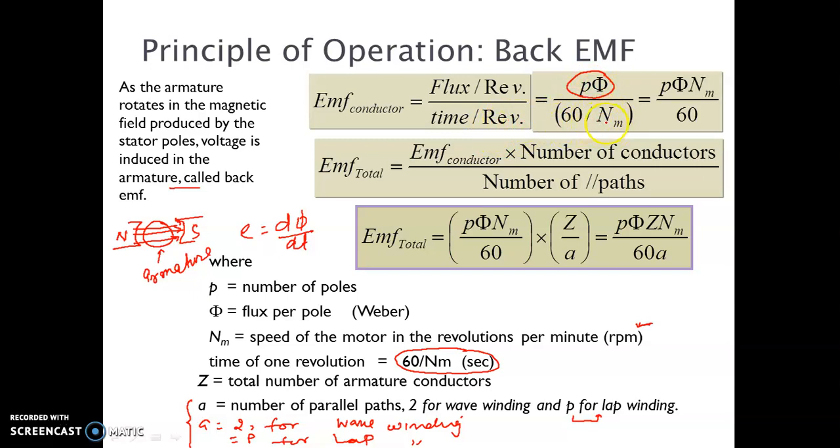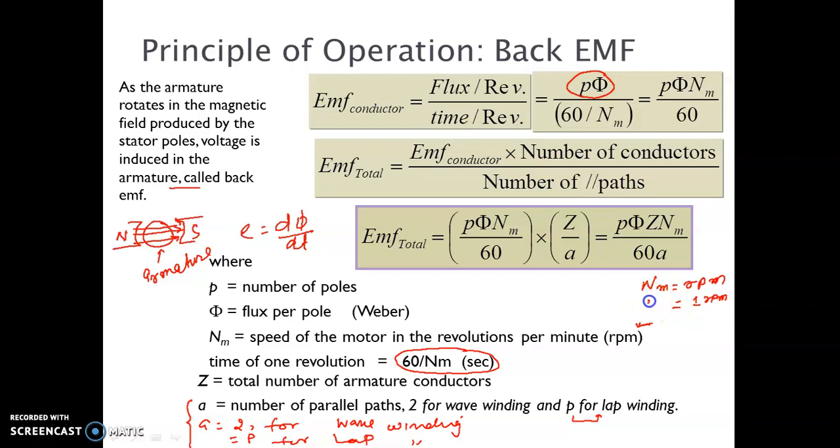Time per revolution means Nm. What is Nm? Nm equal to revolution per minute. Revolution per minute is given. Suppose it is one rotation, suppose it is 1 RPM.